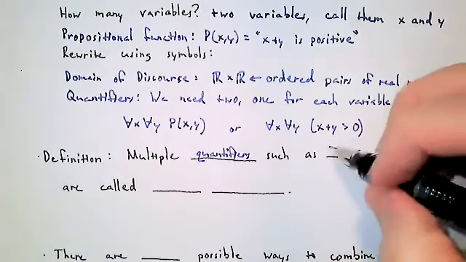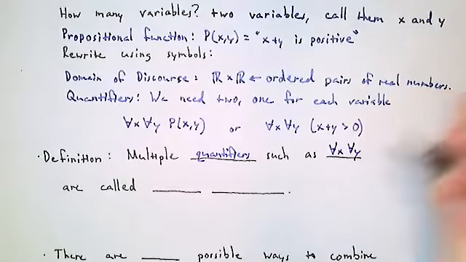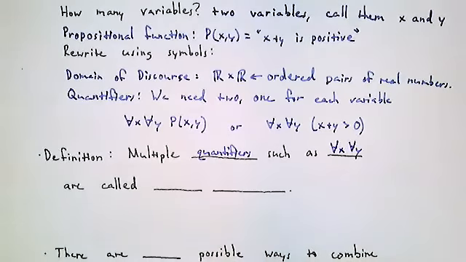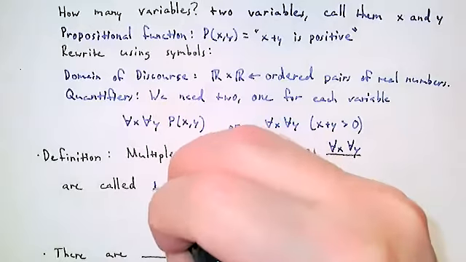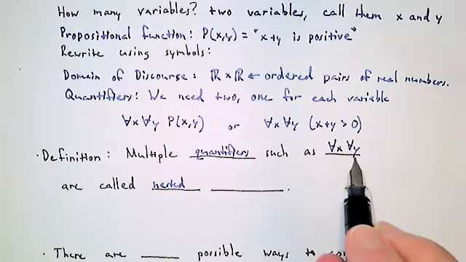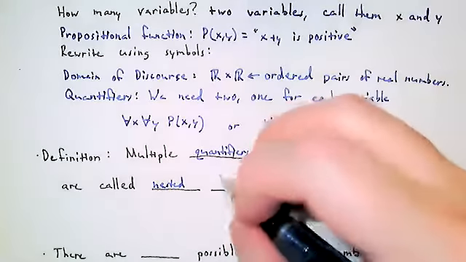So here we're using two universal quantifiers. Expressions such as this are called nested quantifiers. So we're thinking about the right-hand quantifier coming after or being inside of the first quantifier.